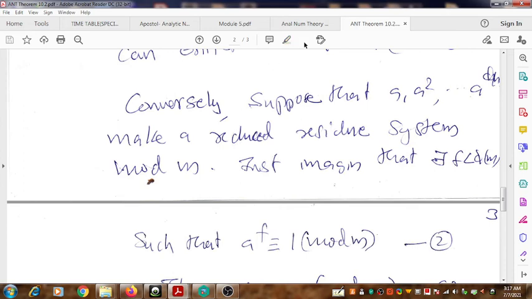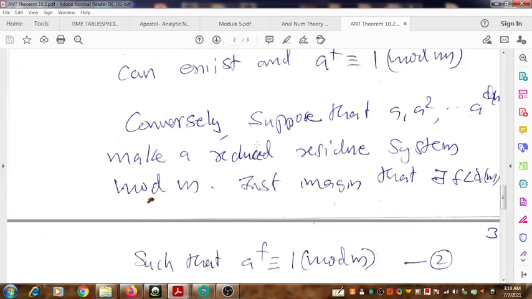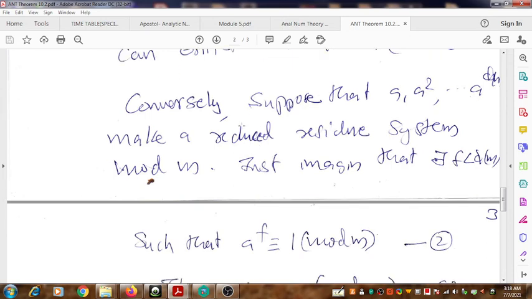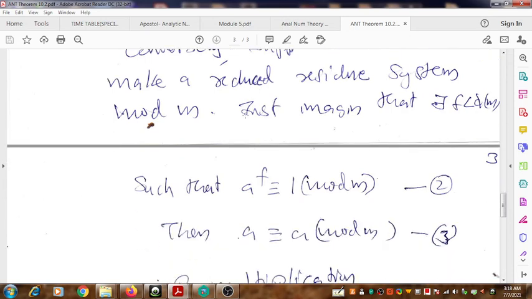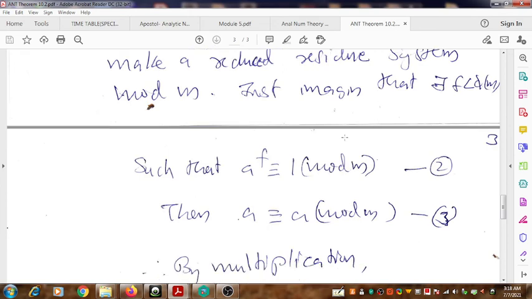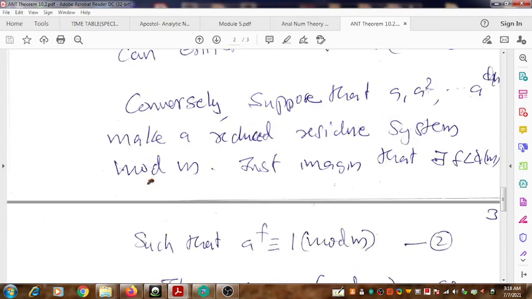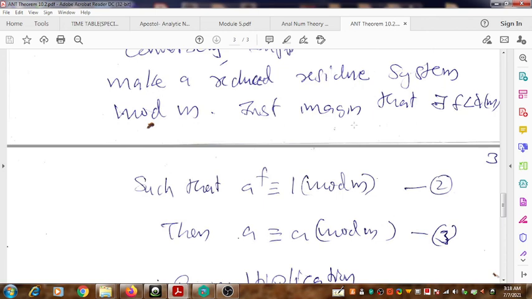We suppose, conversely, that a, etc., make a reduced residue system mod m. Here we have accepted that a, a square, etc., a raised to phi m make a reduced residue system mod m, and then we want to show that.